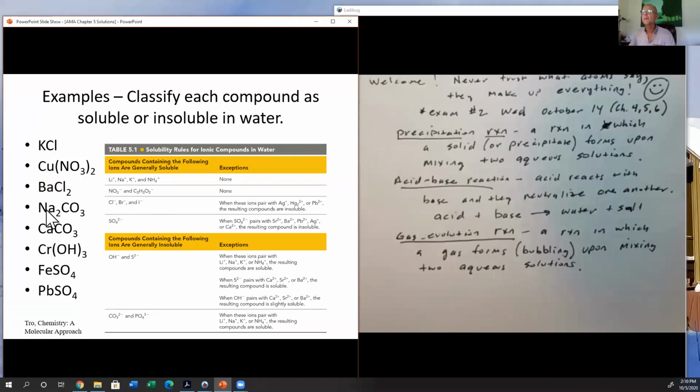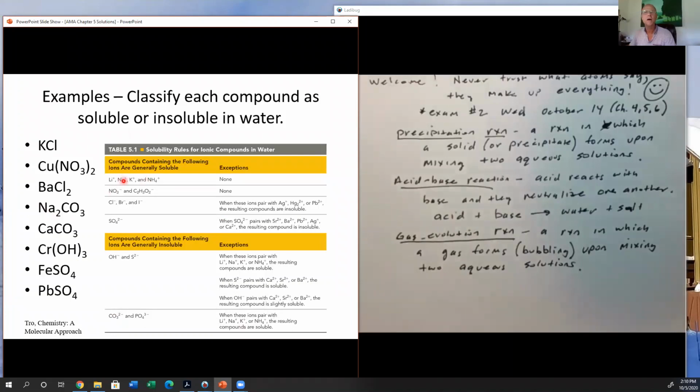All right. Sodium carbonate. Soluble. Here's carbonate down here, and these are exceptions, right? And so sodium is one of the exceptions. Alternatively, you can look up here and you see sodium.